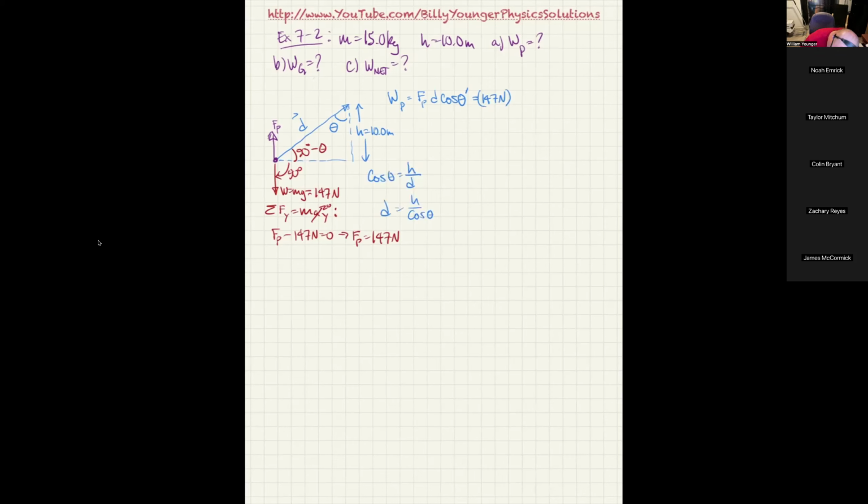Now I can put that in here, h over cosine theta, where theta is that angle we have drawn. Then I have to multiply it by the cosine of the angle between Fp and d. That would be the cosine of 180, because it's 90 minus theta plus 90, so that gives me 180 minus theta degrees.